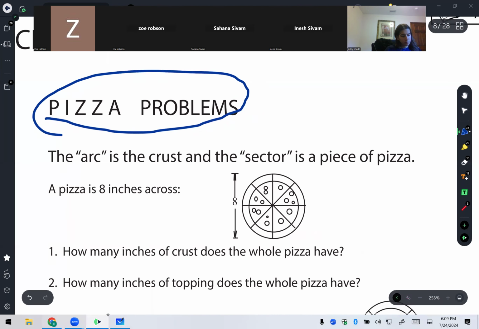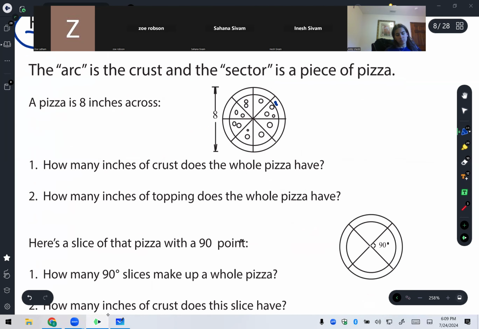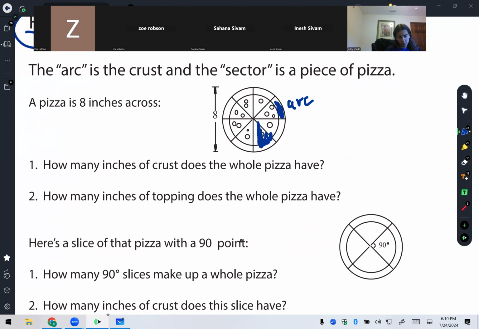The crust is the arc, and the sector is the whole piece of pizza. The crust does not affect the topping. So the pizza's 8 inches across, so the radius would be 4.